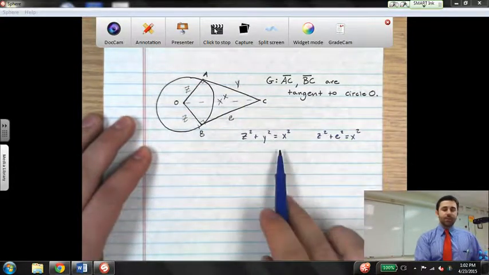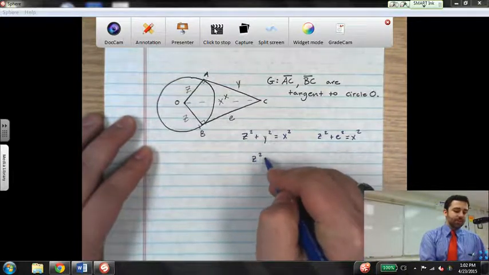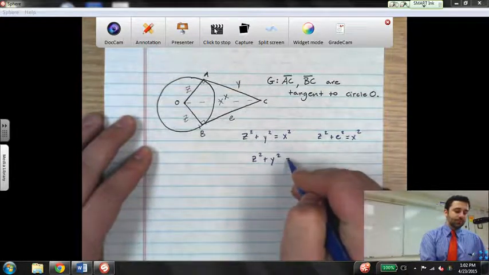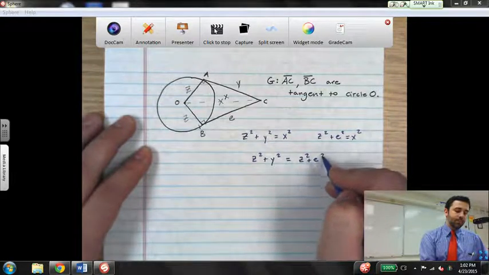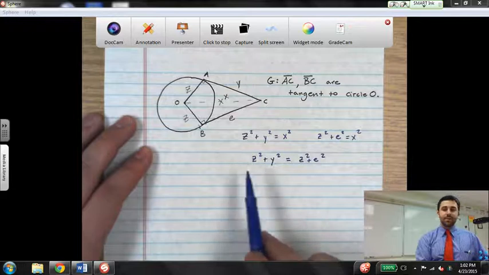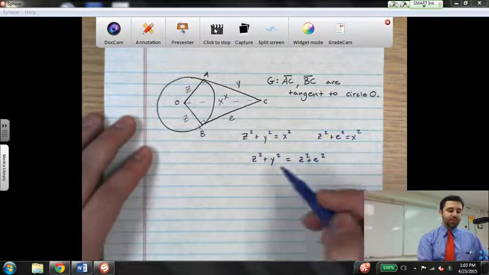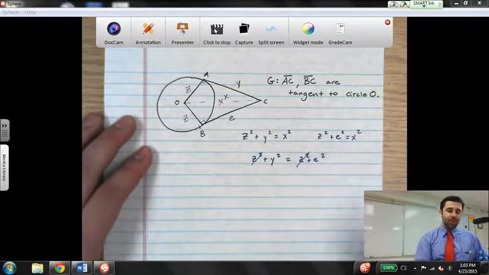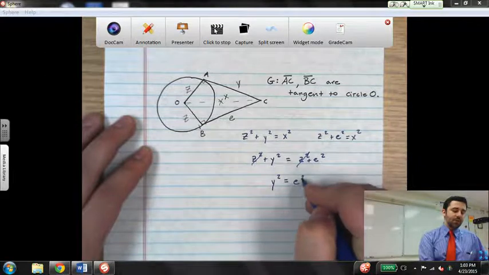Now, notice both of these are set equal to X squared, so I could set them equal to each other. Z squared exists in both of them, so if I subtract Z squared from both sides, they cancel each other out, and this tells me that Y squared is equal to E squared.